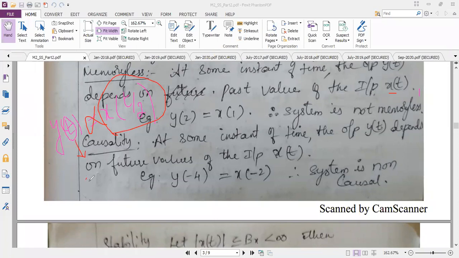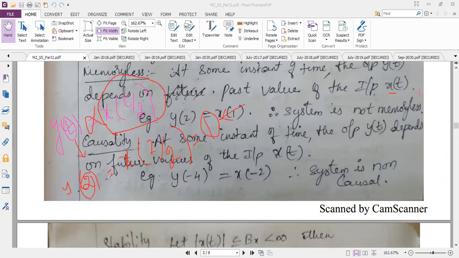So let me take t is equal to 2 here, y of 2. If t is equal to 2, then my x argument is nothing but 2 by 2, which is equal to 1. My 2 is ahead of 1. That means I can say this 1 is the previous value or past value. The 2 is a bigger number.